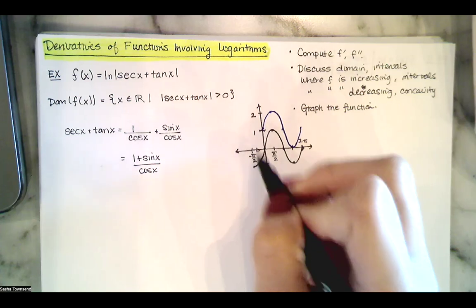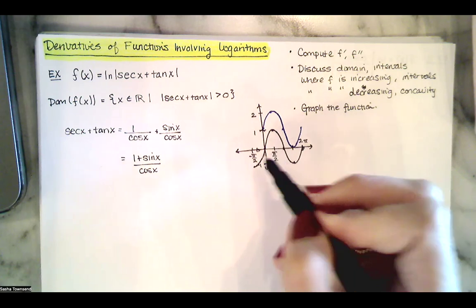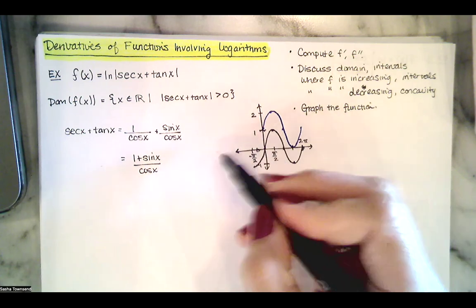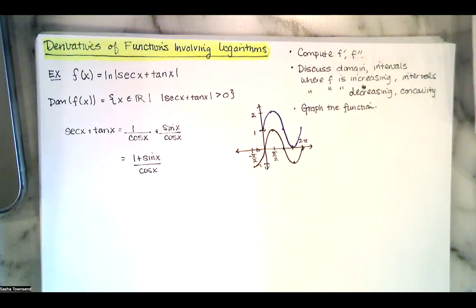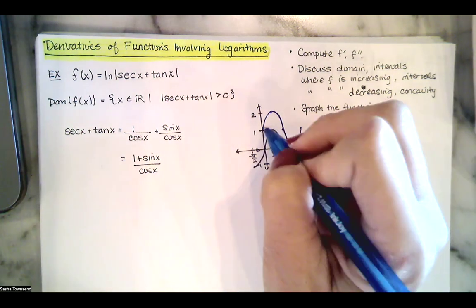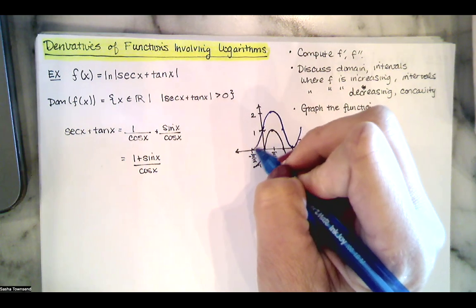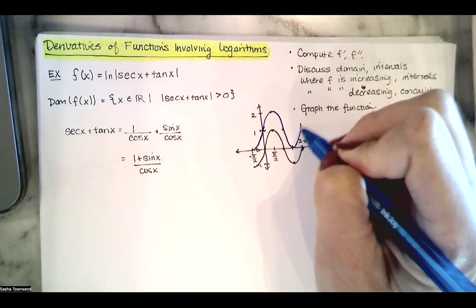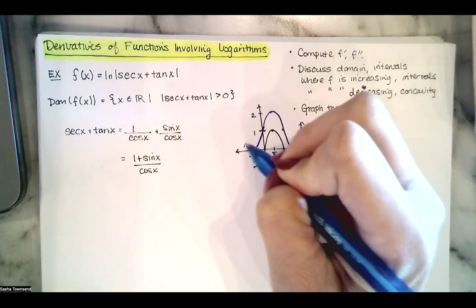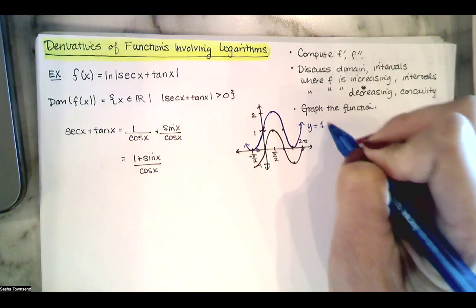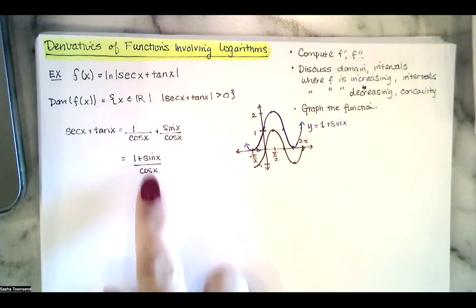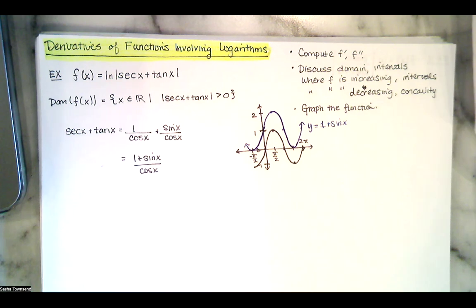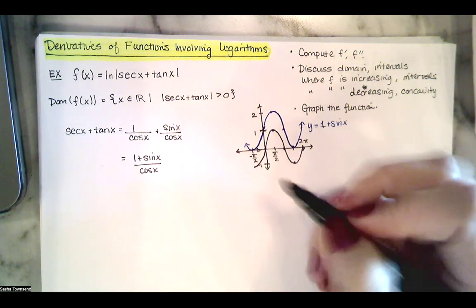And from the last period, the minimum from the previous 2 pi is at -pi over 2. Then our 1 plus sine of x is going to look like this. Okay, so that's what 1 plus sine of x looks like.